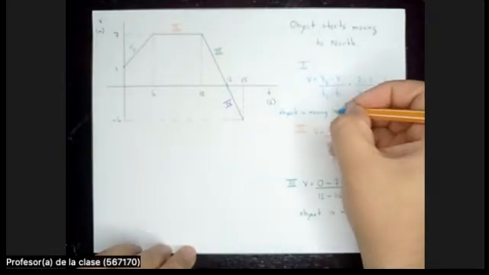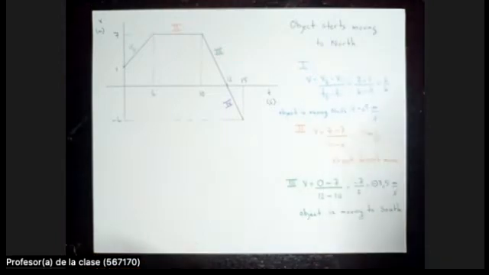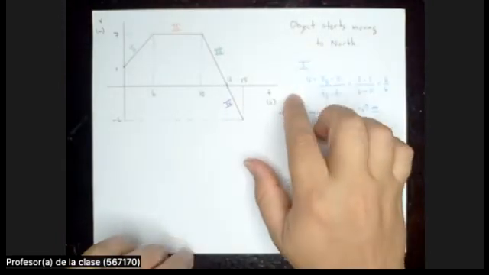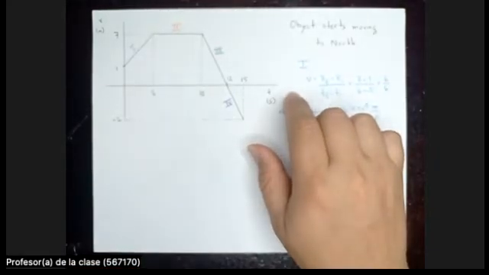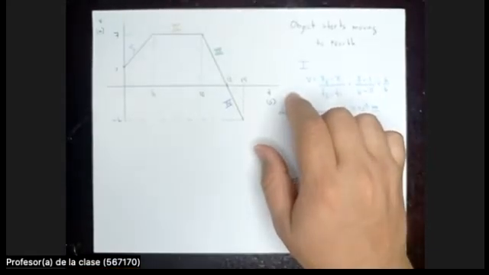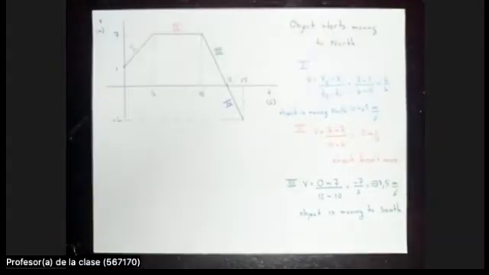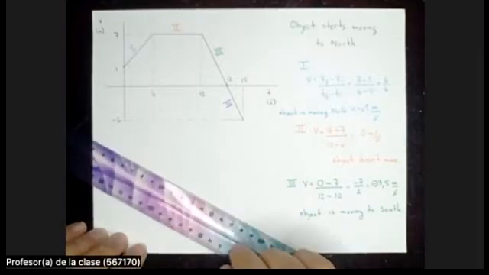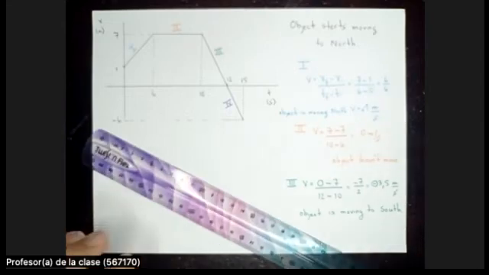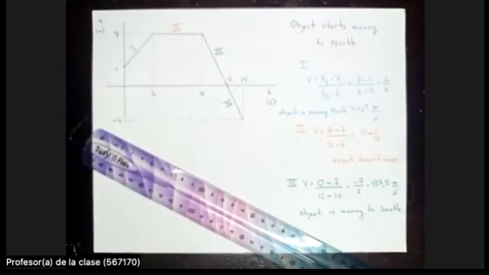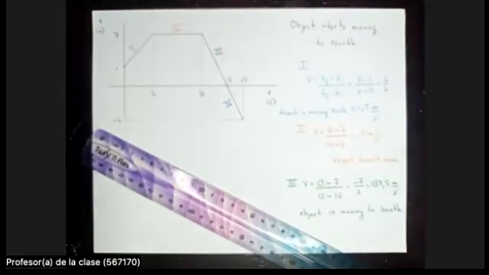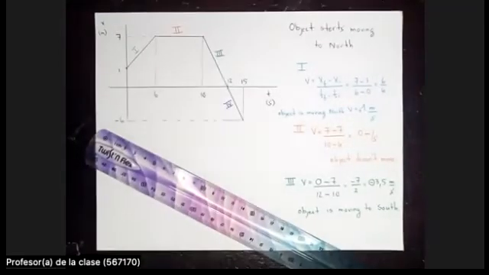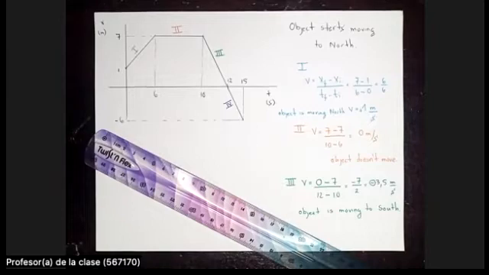Okay, is moving north. So that is the interpretation here of the signs for each velocity. Very good.